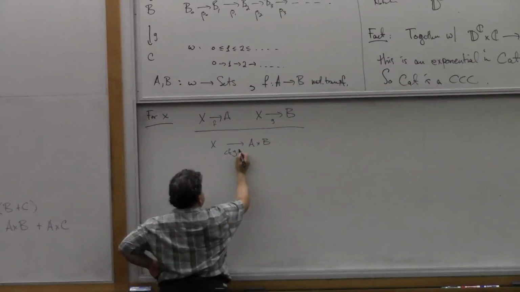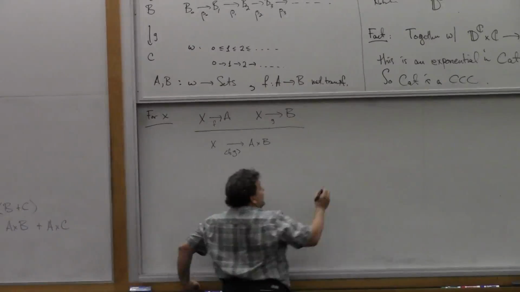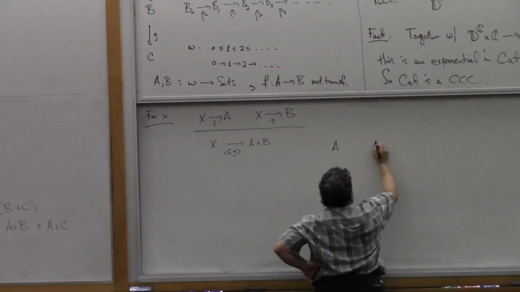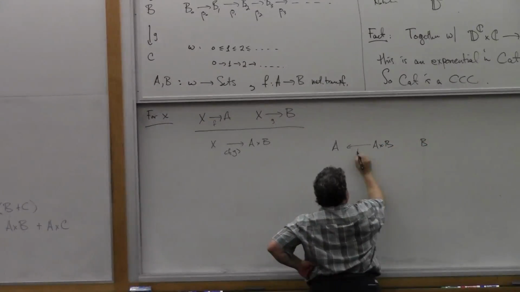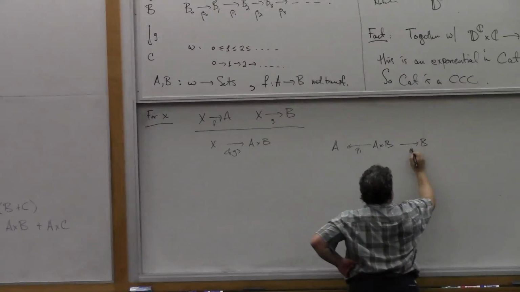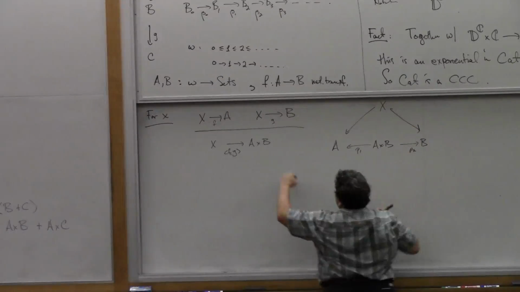And moreover, the universal mapping property says, let's write it out right here: A cross B.